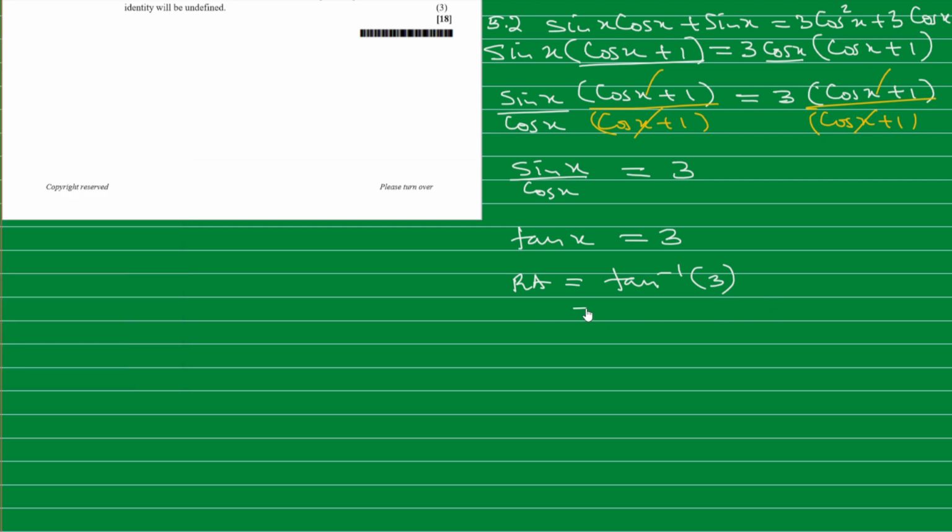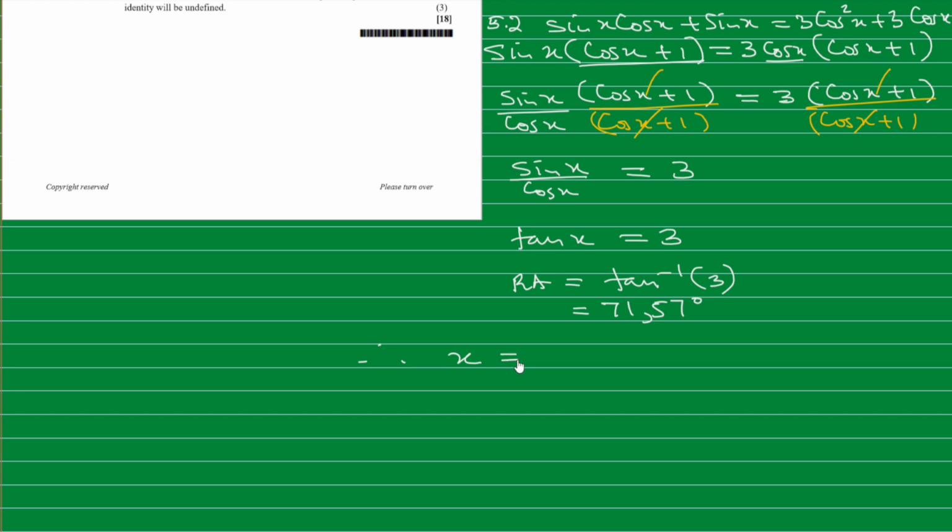So our reference angle is 71.57 degrees.